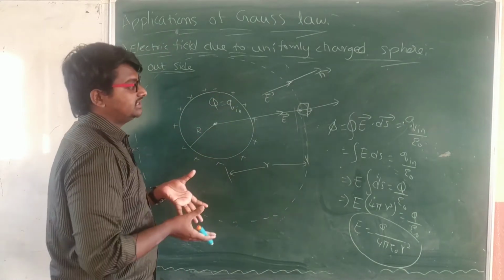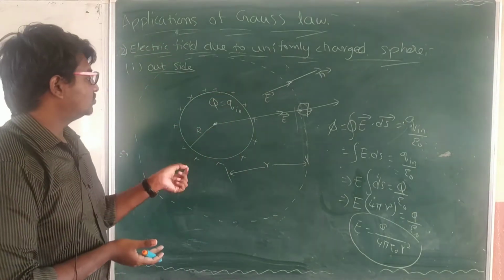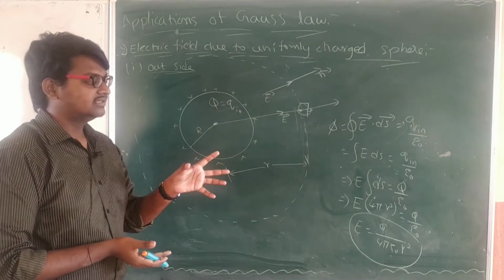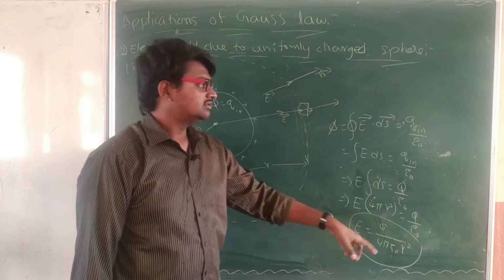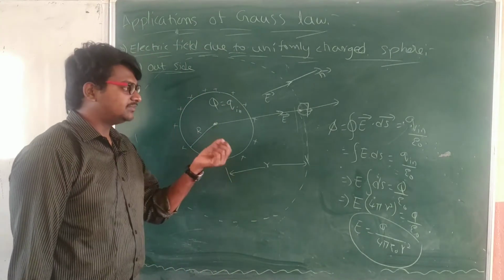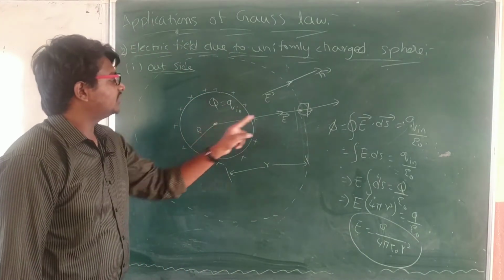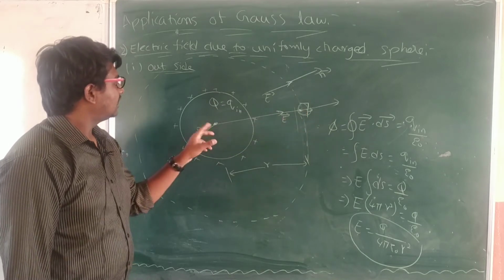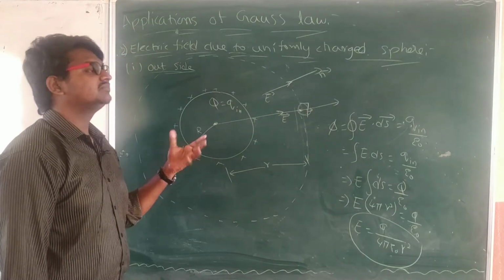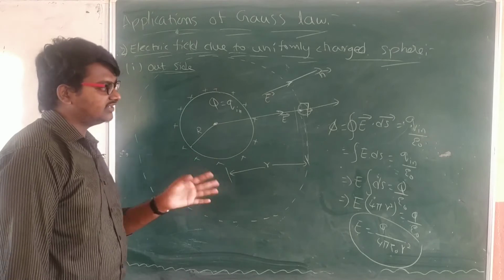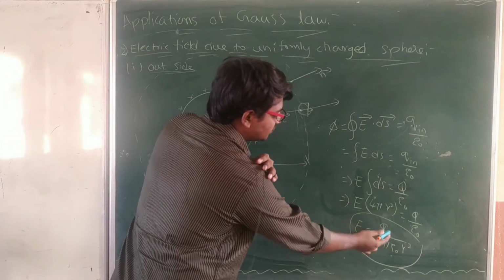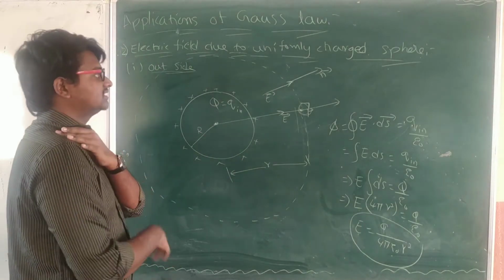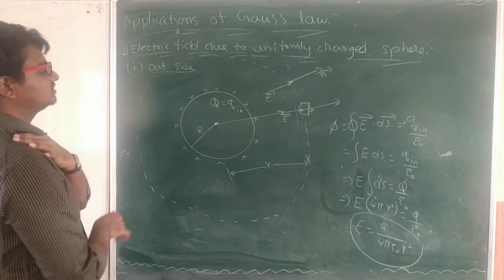So for a point outside the solid sphere, the whole sphere behaves just like a point charge, and the electric field will be the same for both. It just depends on the Q value. If the Q value changes, the E value changes. This is about the outside point.